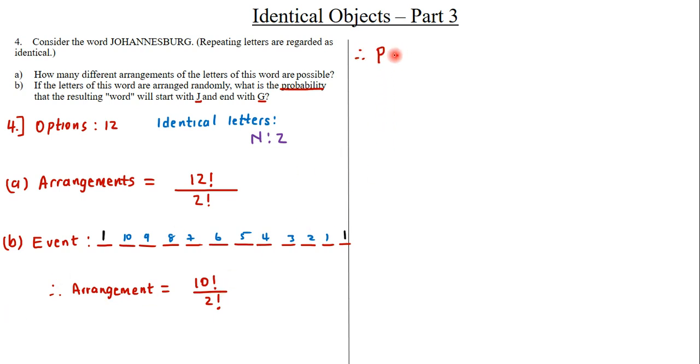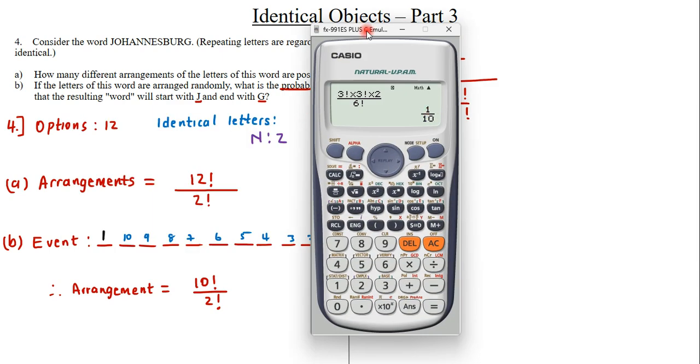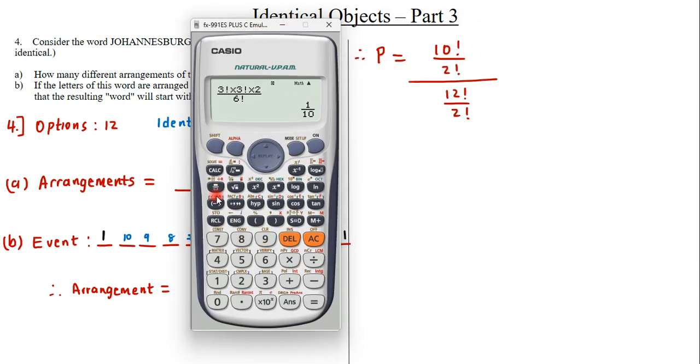Now to get the probability, we take our event, 10 factorial divided by 2 factorial, and divide it by our original outcome that didn't have any restriction, which was 12 factorial over 2 factorial. Now, in a calculator, how would you press this? People might struggle with this one. In the calculator, you press a fraction, then open two brackets, and from there open a fraction.